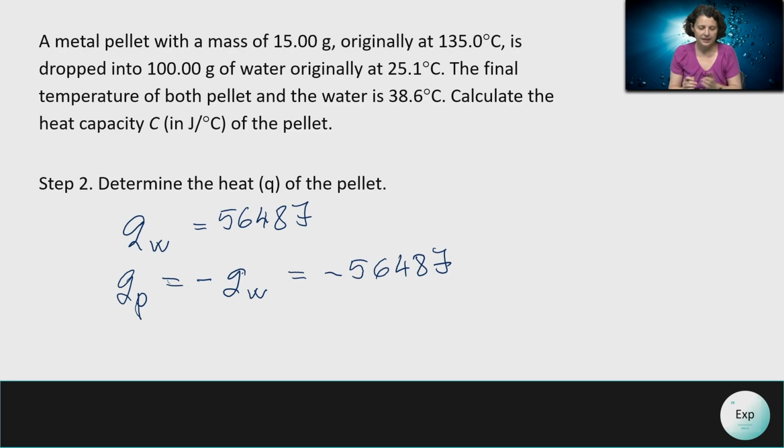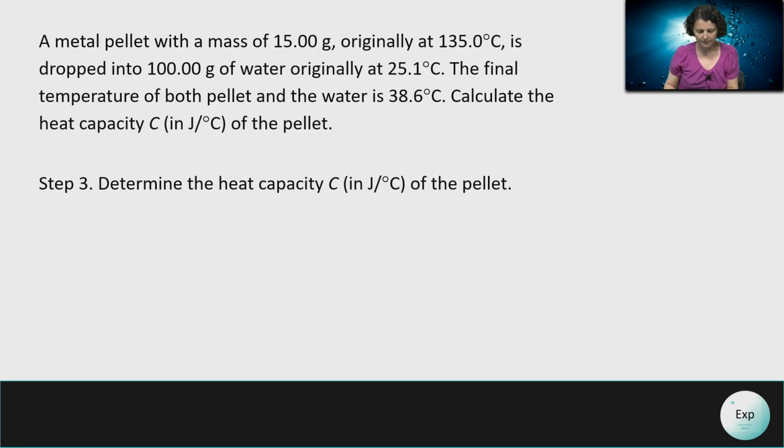Once we determine the heat of the pellet, if we know its initial and final temperature and its mass, then it should be relatively easy to determine both the heat capacity and the specific heat. This problem requires us to calculate the heat capacity. Now, heat capacity is Q equals C times delta T, where C is heat capacity.